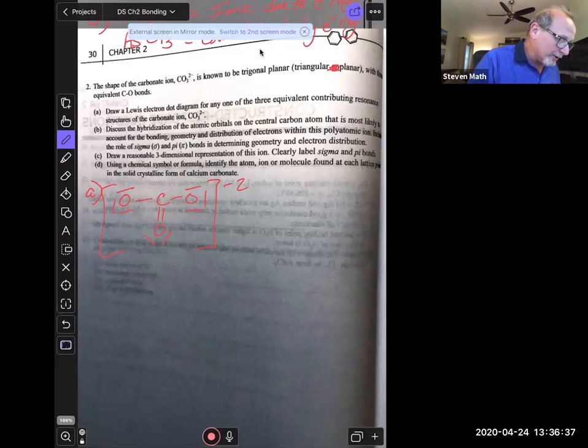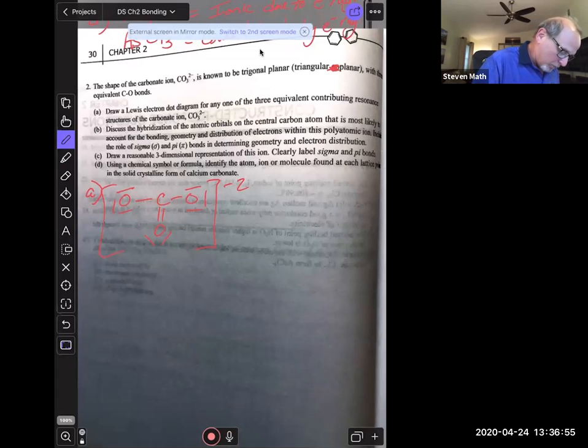B says, discuss the hybridization of the atomic orbitals on the central carbon atom that is most likely to account for the bonding geometry and distribution of electrons within this. Include the role of sigma and pi bonds in determining geometry and electron distribution.